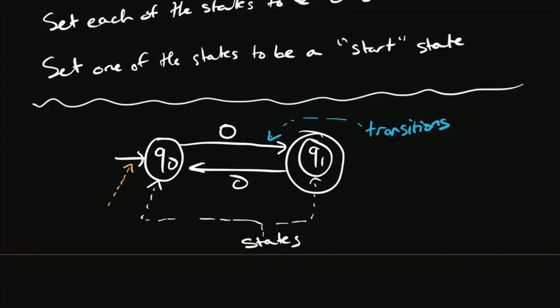Can Q1 be the start state possibly? Could I arbitrarily just say, set that arrow to point to Q1 instead? Could I do that? Would it change the behavior of the machine though? It might, but am I allowed to do it? That's the thing.